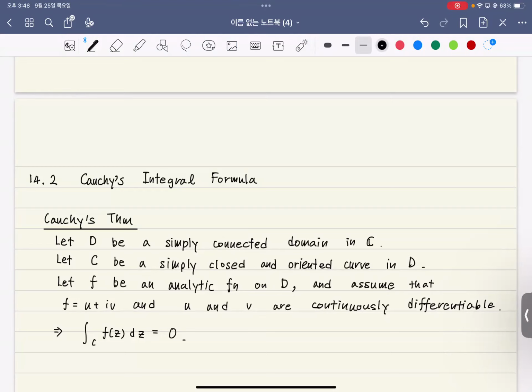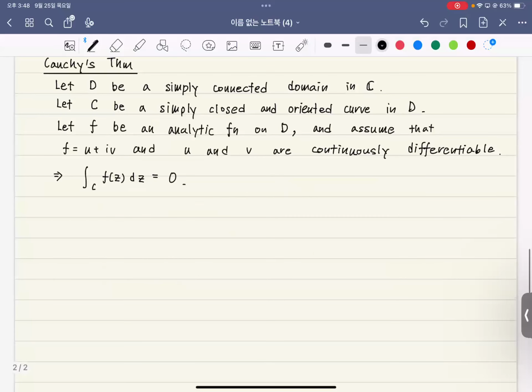Okay, so let me prove this. Since this is a theorem about path integration, the first thing I will need to do is choose a parametrization of the curve C. So z(t), where t is some number between a and b, is a parametrization.